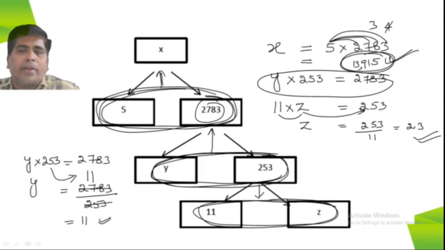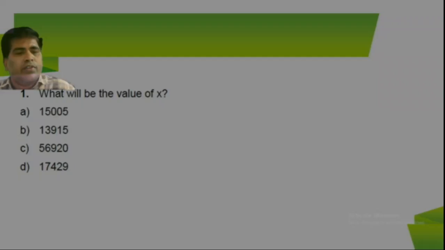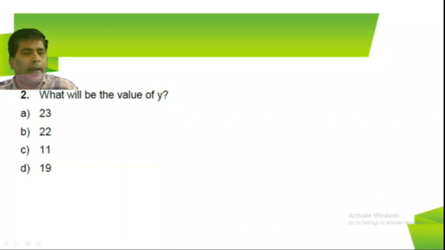So we already completed the first sum. Next, we are moving to question number 2. What is the value of y? It is 11. Already done. Next, what is the value of z? The value of z is 23. Check it, 23.